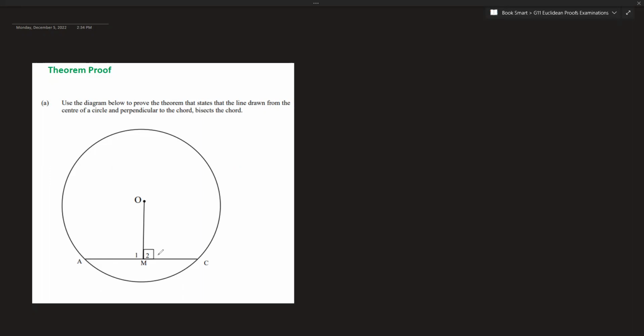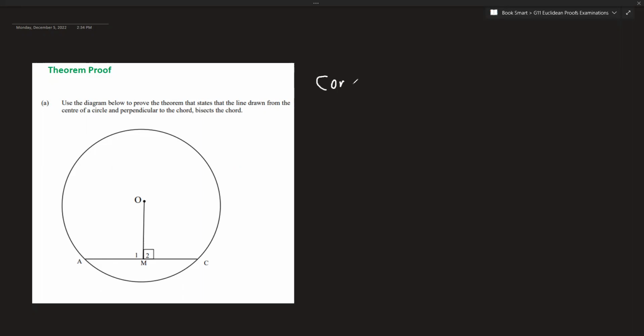Okay. So before you prove any Euclidean geometry theorem, you need to do construction. So I'm going to construct it.